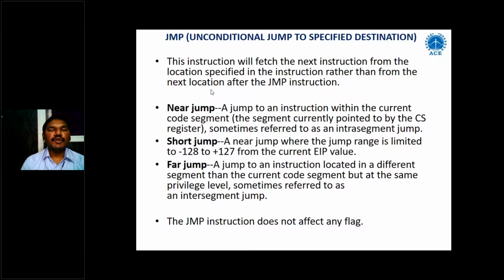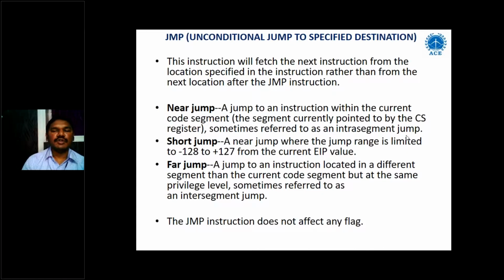When some instructions are executing, sometimes the loop needs to be repeated, so we have to jump to a location either upward or downward, either within the segment or outside of the segment. A near jump means a jump to an instruction within the current code segment, sometimes referred to as an intra-segment jump.